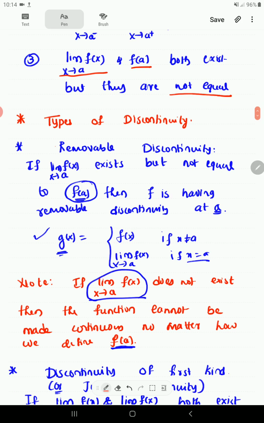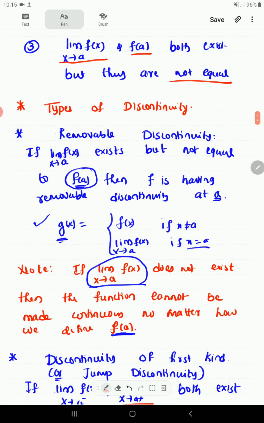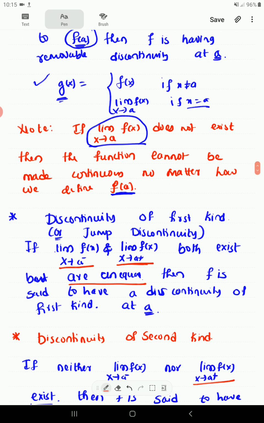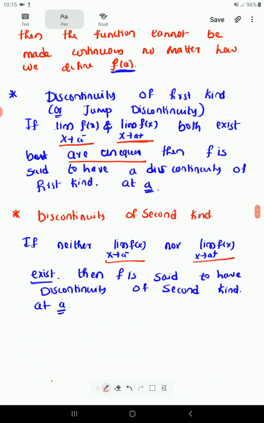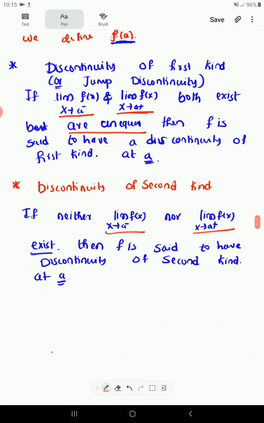We have a removable discontinuity, where the limit exists and f of a exists but they are not equal. In the discontinuity of the first kind, the left hand limit and right hand limit both exist but are not equal. And here neither the left hand limit nor the right hand limit exists. So these are the three varieties of discontinuities.